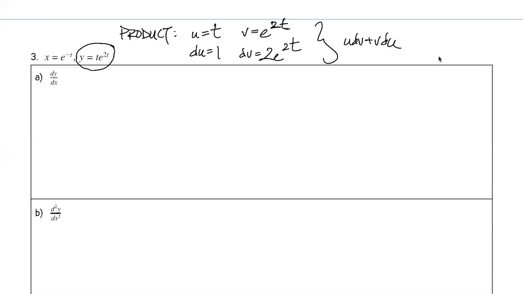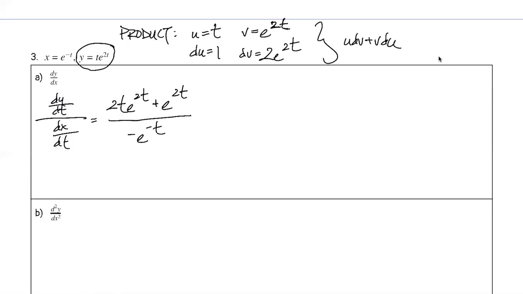My first derivative is going to be dy dt over dx dt. So dy dt is going to give me 2t e to the 2t, that's u dv, plus v du is e to the 2t, and then I divide that by the derivative of x, which is negative e to the negative t. If all you're doing is finding that first derivative, leave it like this, okay?